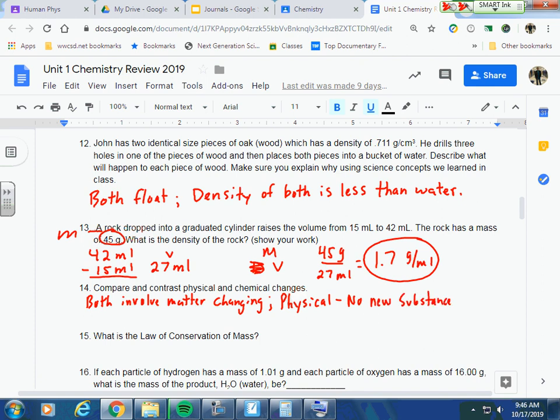So what you're starting with, you still have at the end, the same substance, like ice going through different phases. If we were to take an ice cube, it would have H2O particles in it. If we melt that, it's still going to be H2O particles. They're now just going to be in the liquid phase. If we boiled that, the water vapor would go into the air, but it would still be H2O particles.